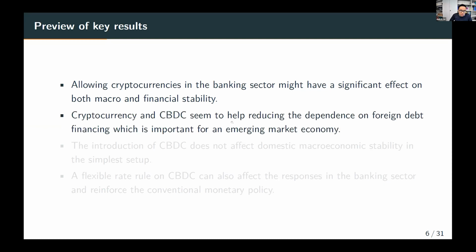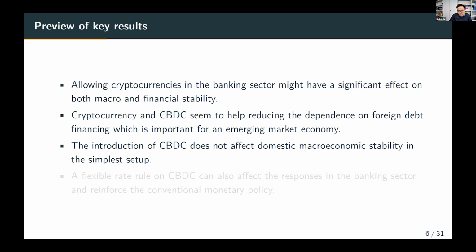However, the model with crypto and CBDC seems to reduce the dependence on foreign debt financing, which is important for emerging market economies, which is the main point of this paper. Also, we find that the introduction of CBDC does not affect domestic macroeconomic stability.